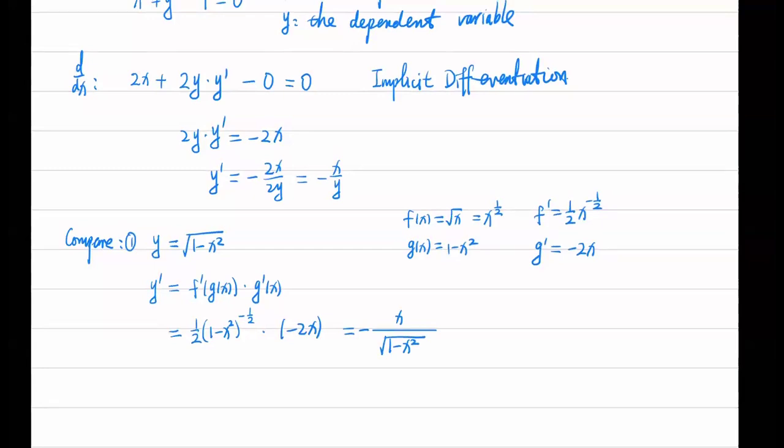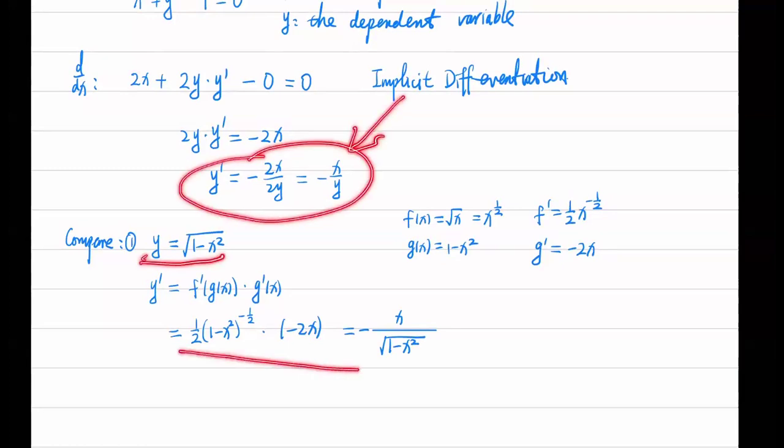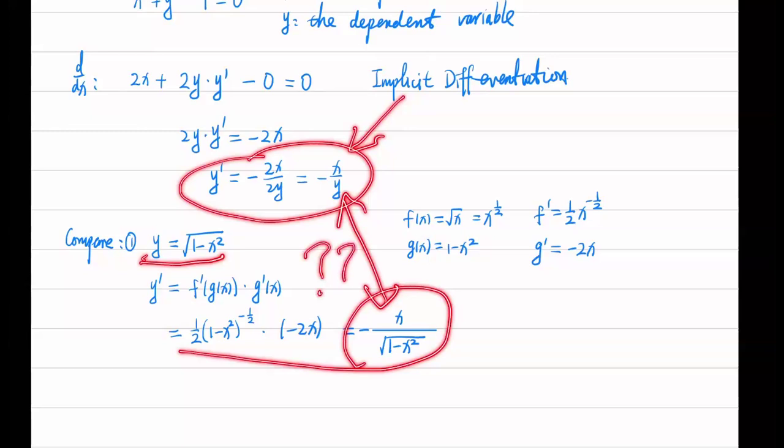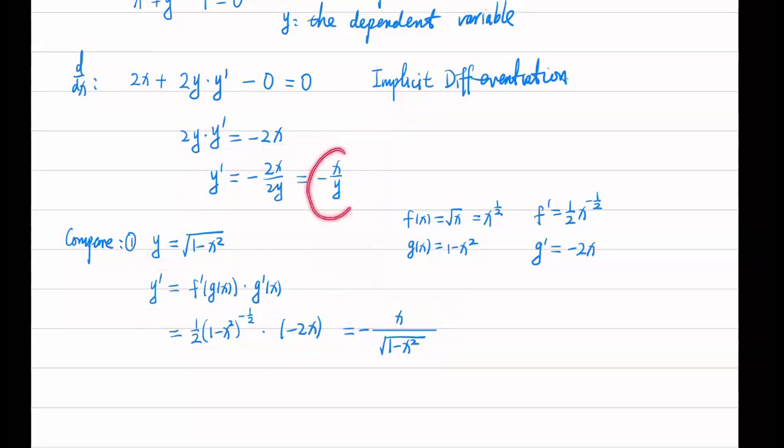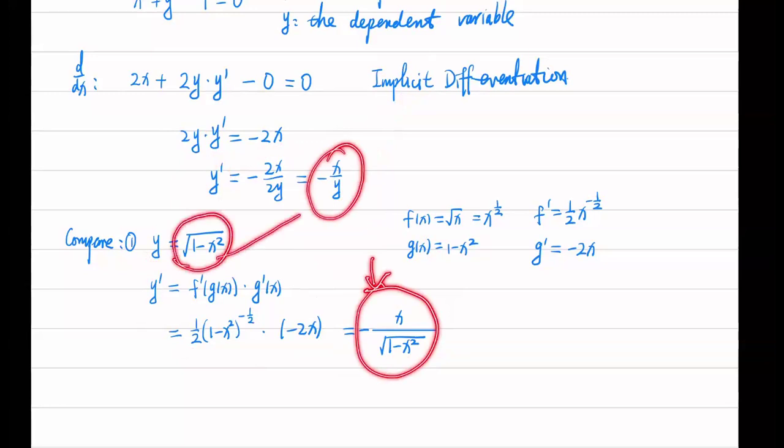Now we have two formulas for the derivative. The first formula by the implicit differentiation, the second formula by the explicit computation. Are they the same? No, it looks different. But if we plug this formula into this, Sophia, you saw it.